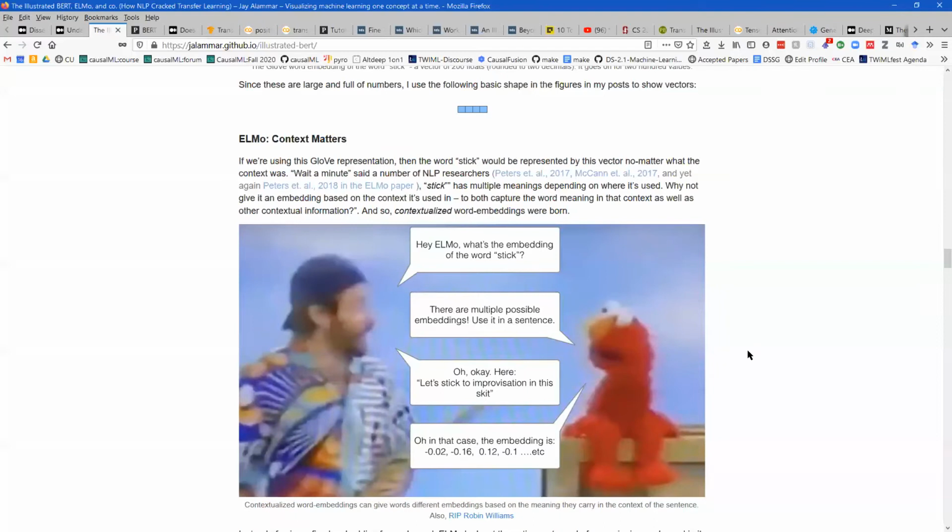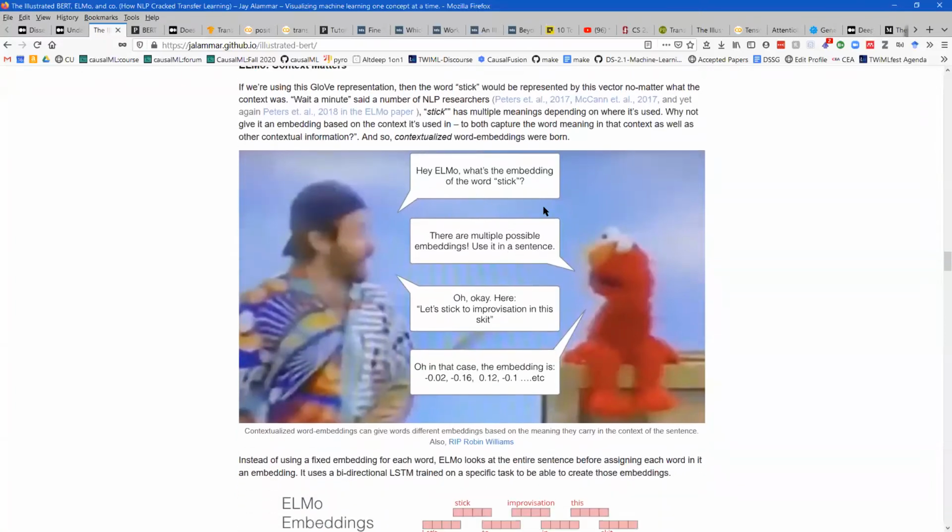The embedding of the word would depend on what task you're trying to solve. Or actually, not what task you're trying to solve, but what sentence it's in. So it changes with every sentence.